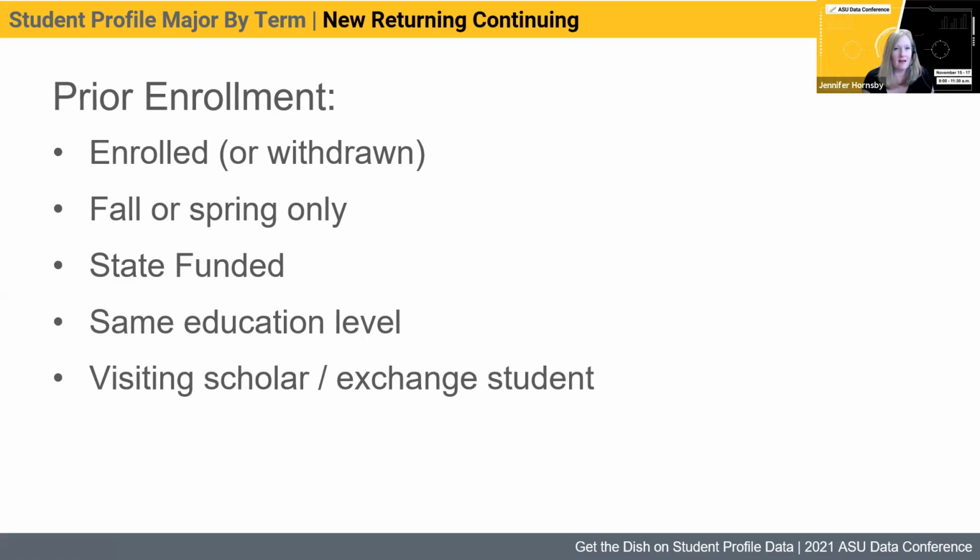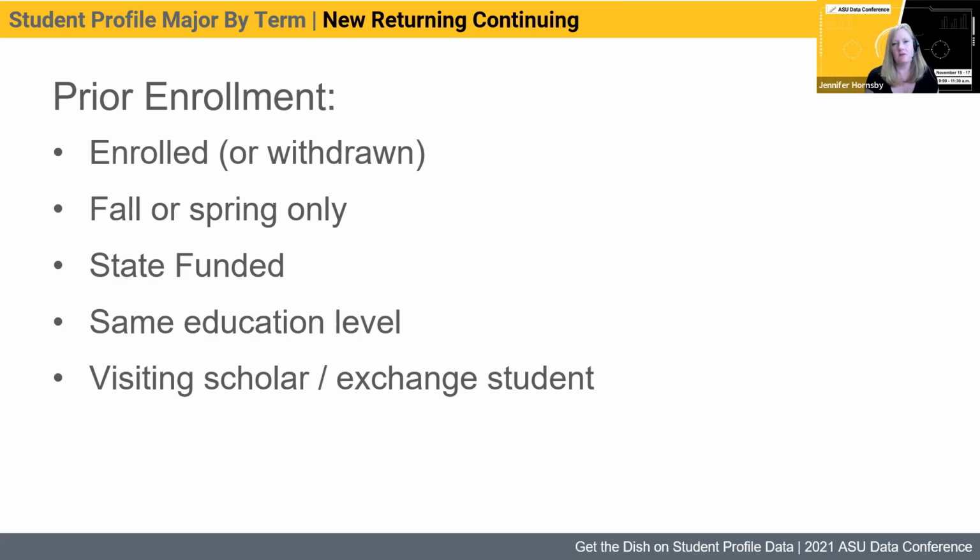An example of a non-state funded class would be the online orientation like ASU 10 or 11. There are a few other programs that are not state funded. Universal learning classes are not state funded, just as an example, neither is ASU Prep. So the prior enrollment has to have been state funded. Most of our classes are state funded though.